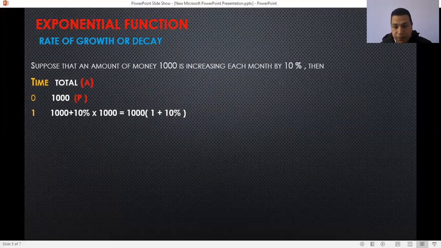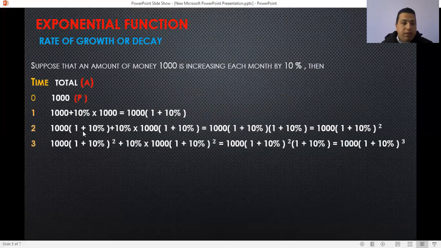Let's complete our discussion. After the end of the second month, you will get 10% of this number plus this number, and you will factor out 1,000 times 1 plus 10%, the initial value, plus 10% of this number after the end of the second month.